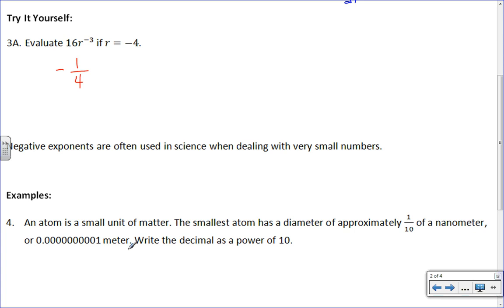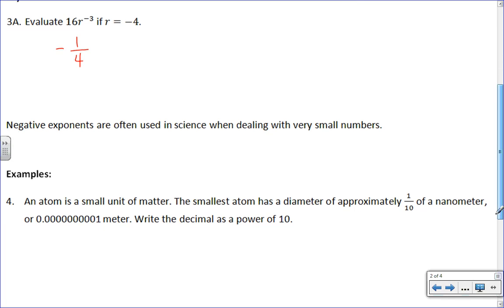Write the decimal as a power of 10. So you can see this is a very, very tiny number, and when it's written out, it is very long. So here's where using exponents might actually make this a little bit easier to understand, because especially if you had to write this number down multiple times, it'd be very easy to miss a zero or miscount something somewhere.